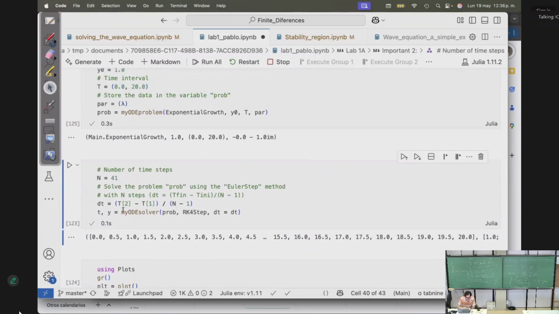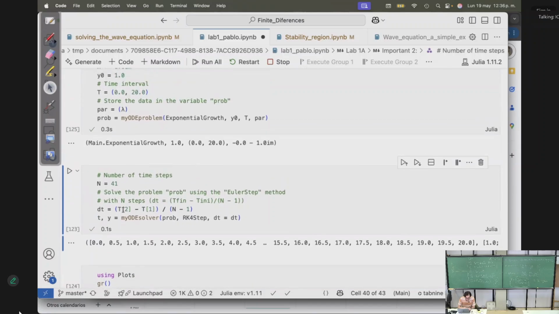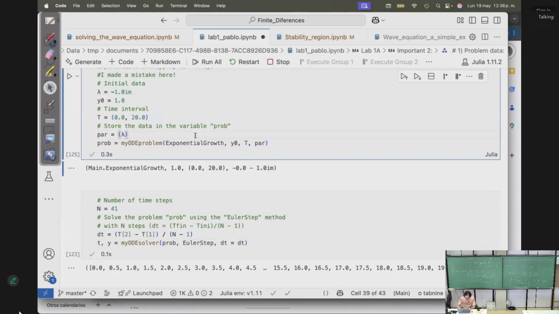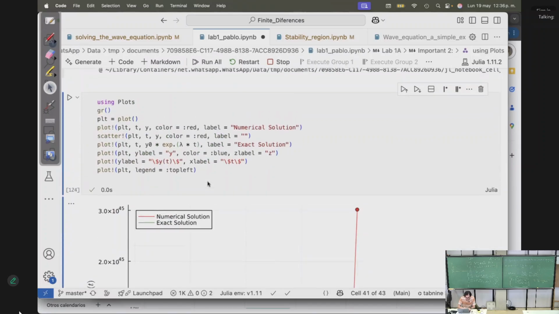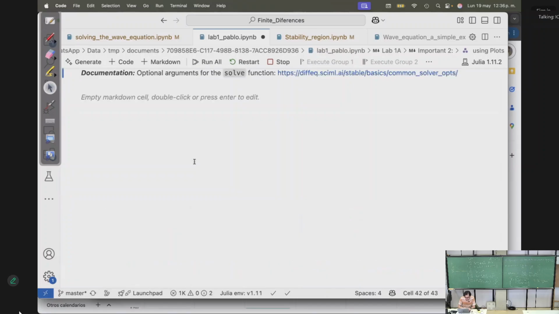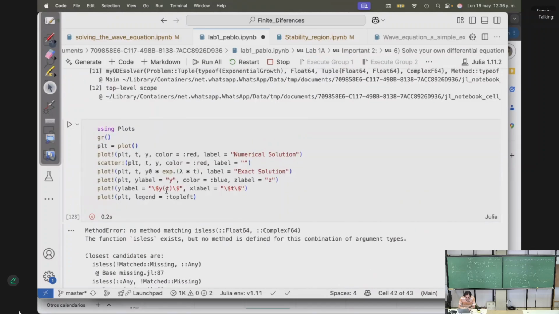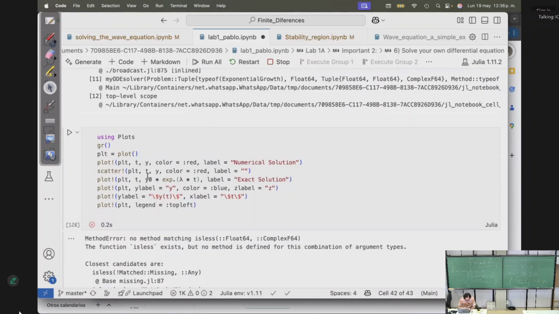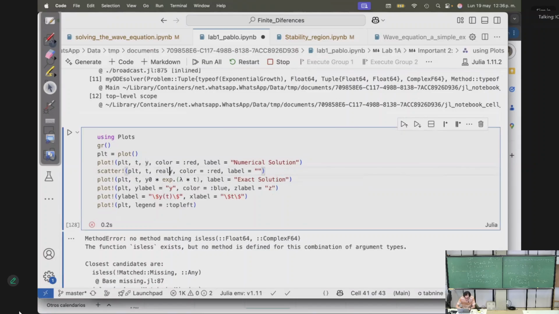So here we have this, let's go back to Euler. And we try to solve, and here we have to put a real everywhere, so we get the real part of the solution, I guess.